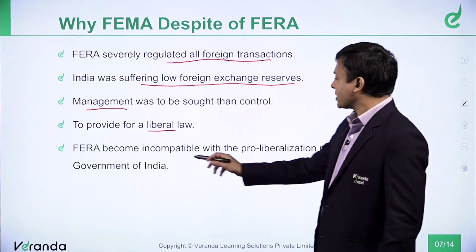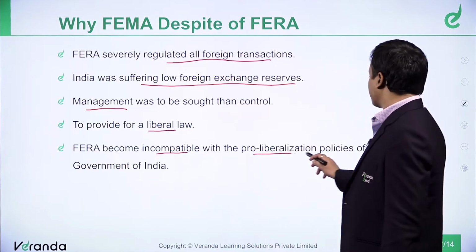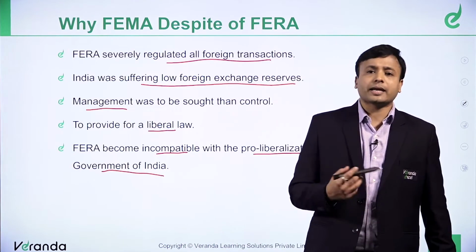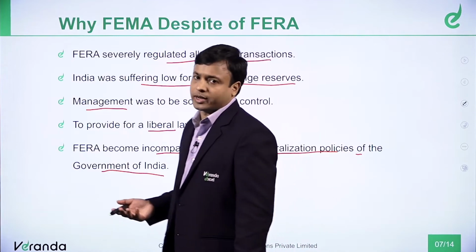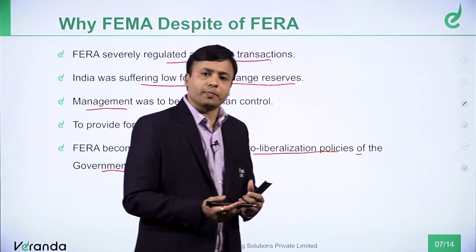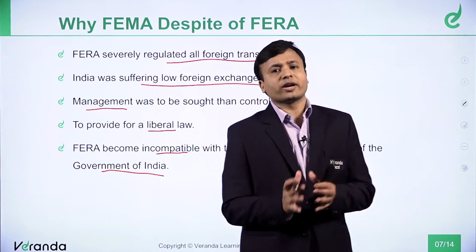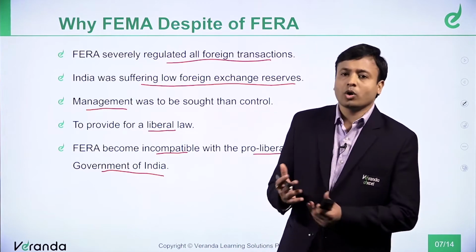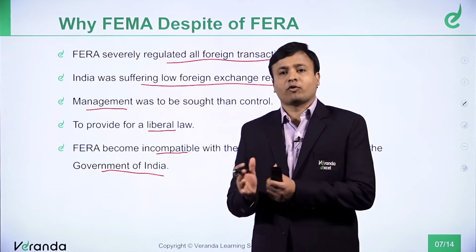FERA became incompatible with the pro-liberalization policies of the Government of India. Since in 1991 we had economic reforms and so much globalization happening all over India, FERA was not fitting into the scheme of things, and hence we obviously wanted a new law which can manage the foreign currency.